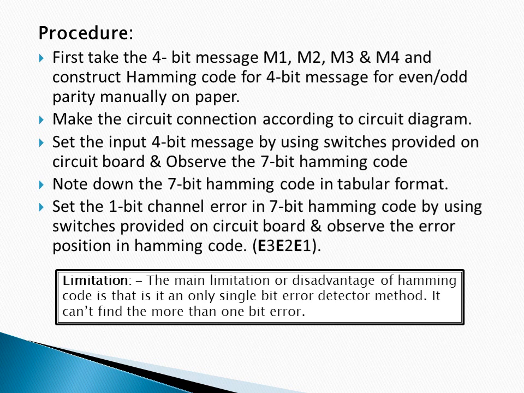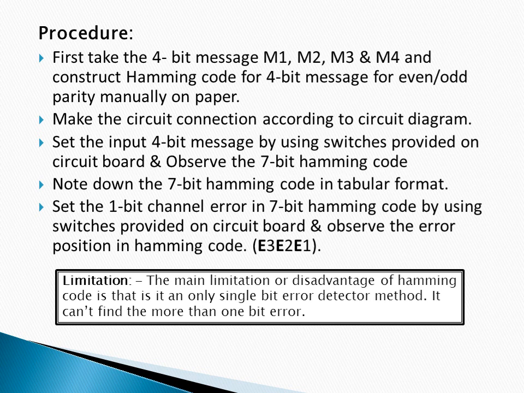Set the input 4-bit message by using the switches provided on the circuit board, and observe the 7-bit Hamming code. Note down the 7-bit Hamming code in tabular format. Afterwards, assume a single bit error in the 7-bit Hamming code by using the switches on the circuit board, and observe the error position in the Hamming code.